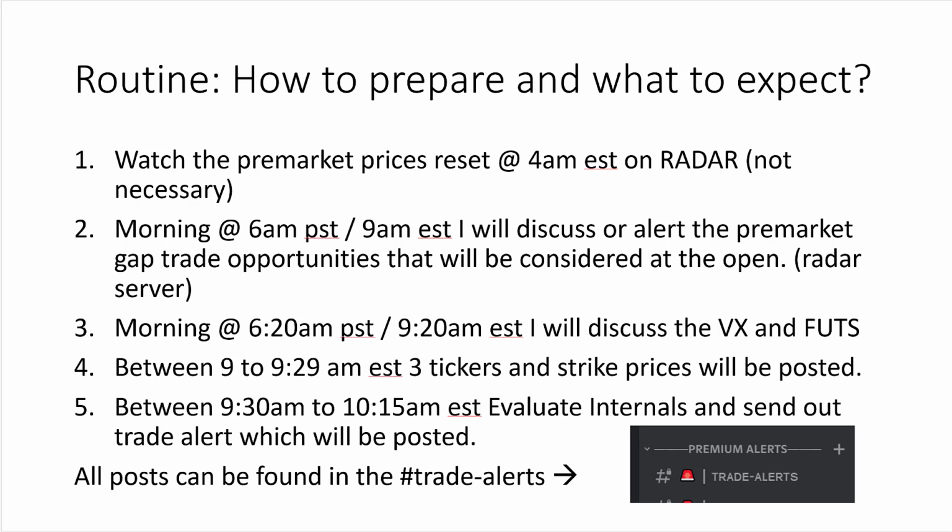And then from 9:20 a.m., we'll talk about the VIX, talk about the strike prices, and the strike price selection. If there are 3 tickers available, then I'll post 3. If there's just one that looks like it's got the best shot, I'll go with that one, because every time that is wasted looking through and picking a ticker, the move is already happening.